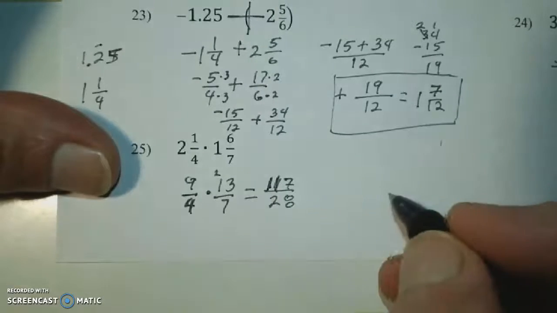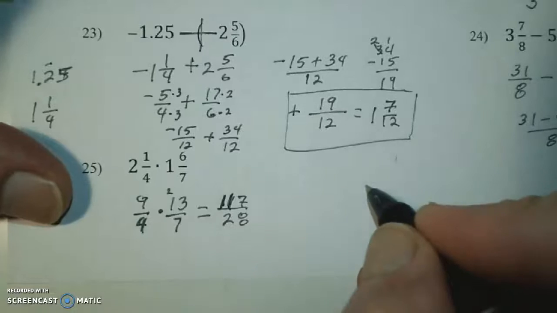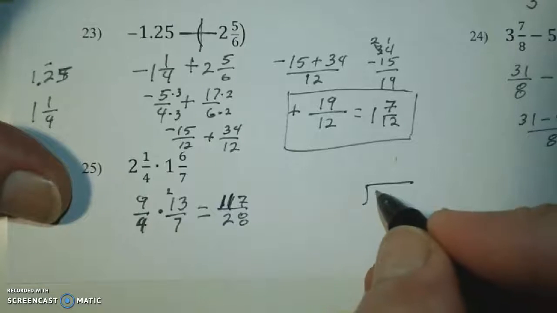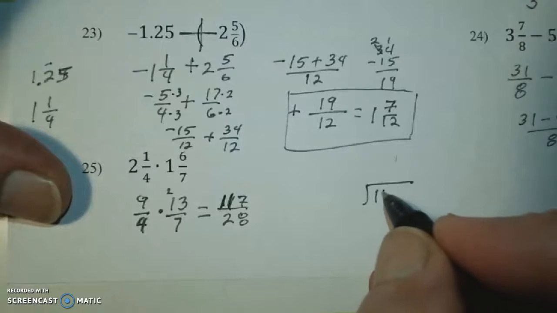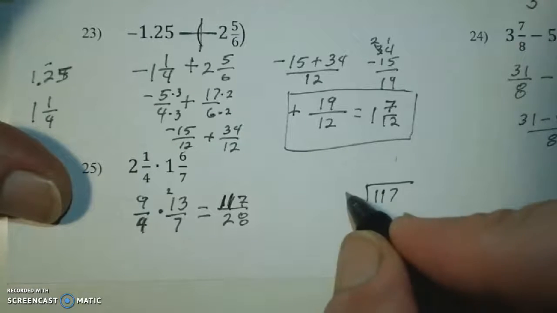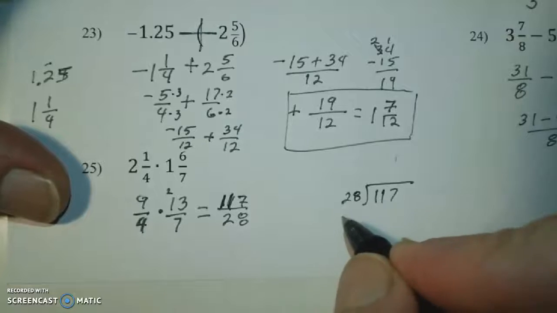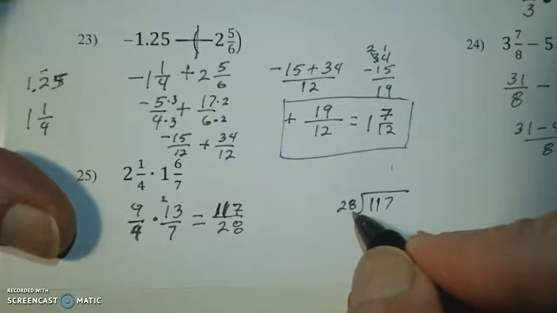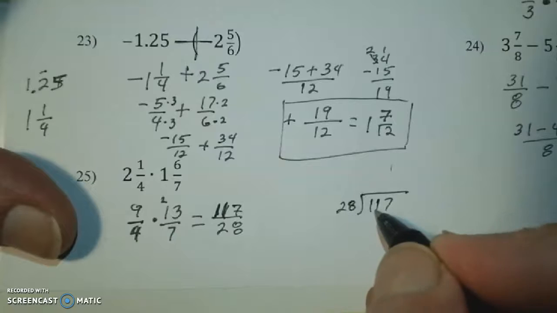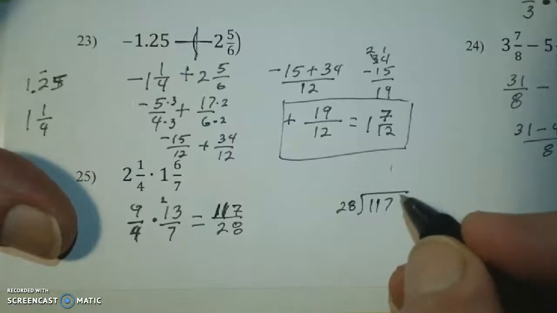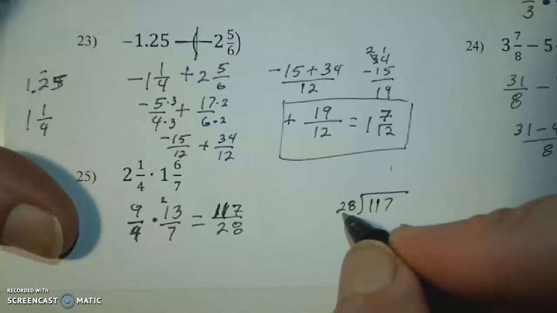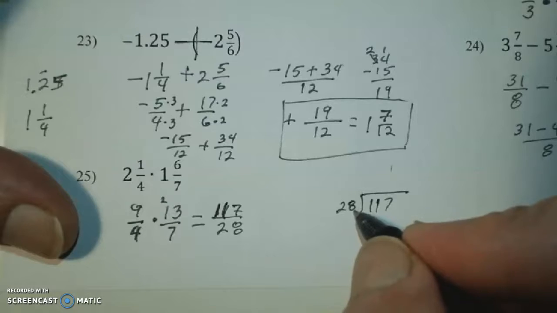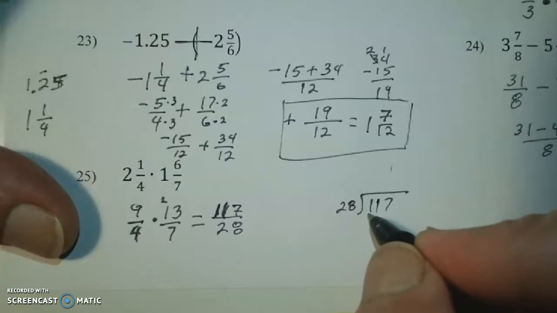To change it back into a mixed number, I would do 117 divided by 28. 28 is almost 30. So 3 times this would be 90. It looks like I should be able to go 3 times. Would I be able to go 4 times? It would be 80 plus 32.